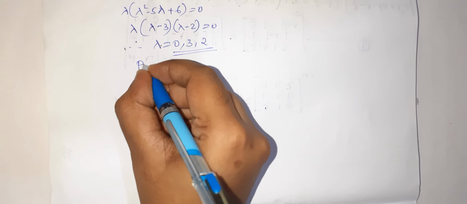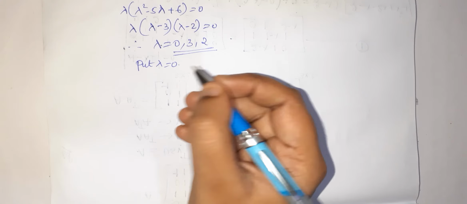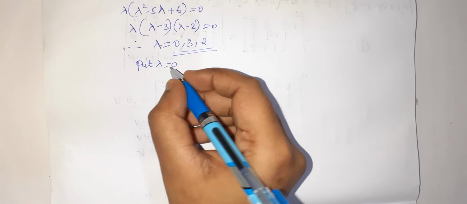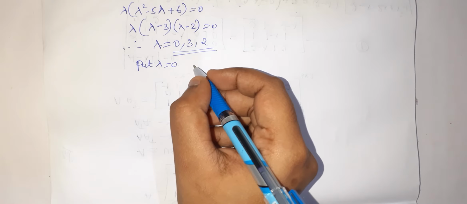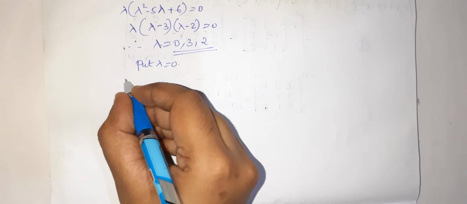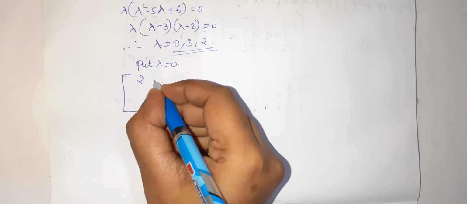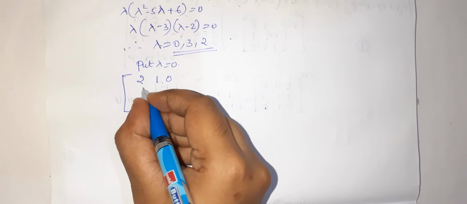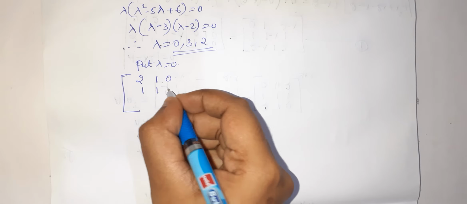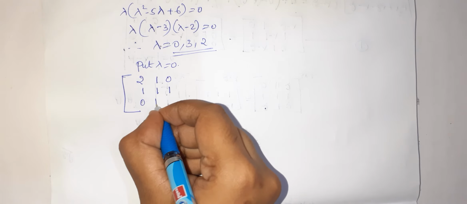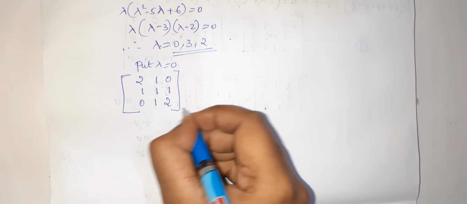First put lambda equal to 0 in equation 1, then our resultant matrix will be 2 minus 0, 2, 1, 0, 1, 1, 1, 0, 1, 2. This will be our resultant matrix.